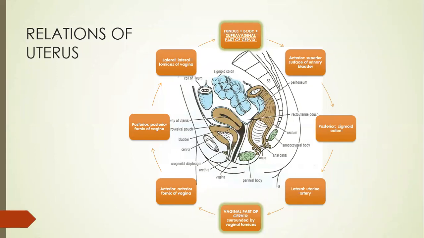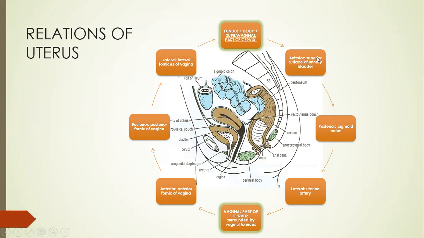Now coming to some of the important relations of the uterus. So what are the relations? For the fundus and body, and the supravaginal part of the cervix, here is the fundus and the body and the supravaginal part of the cervix.